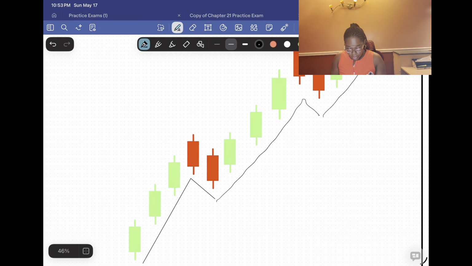So this one right here and this one right here, I would consider that a little high formed. And for a low, I would consider that price moving down, then back up. So you have this downward candle and then this upward candle, and that would be your low.